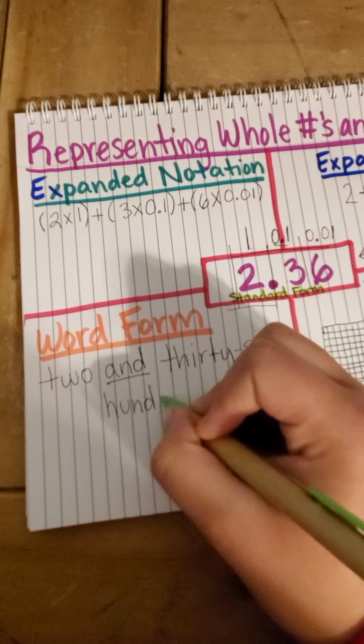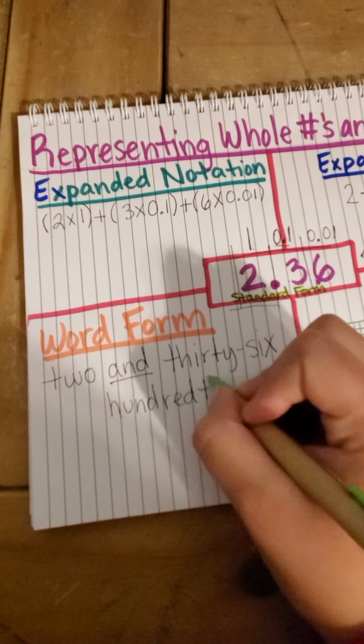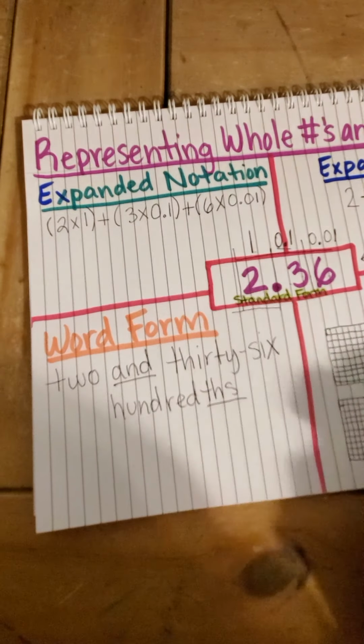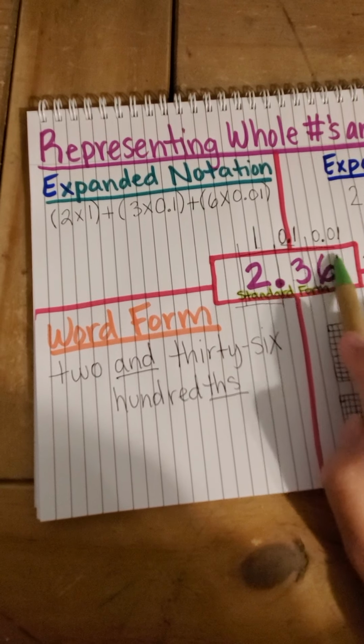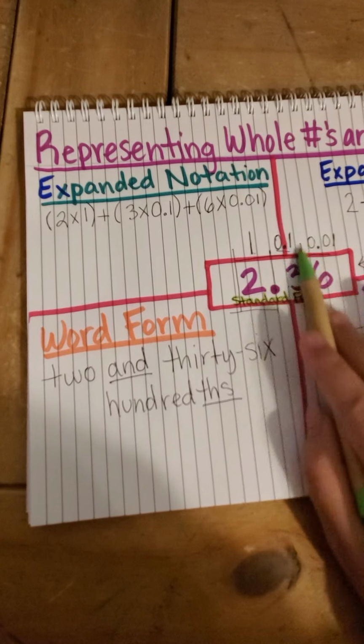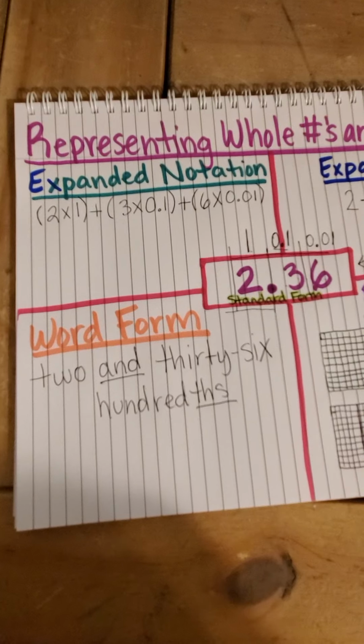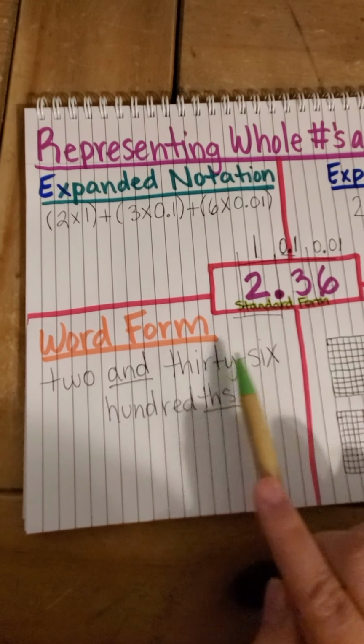Make sure to write hundredths and make sure it has THS, because that's what tells you that you're in the hundredths place in the decimals. Okay, so we have 2 and 36 hundredths.